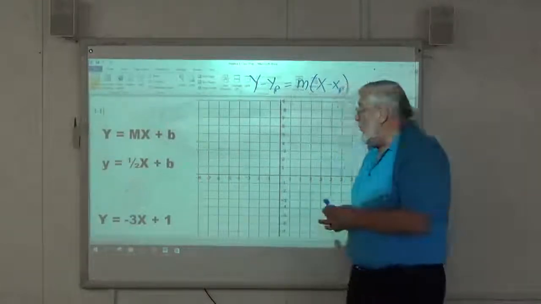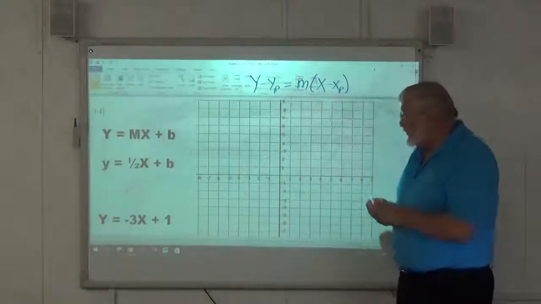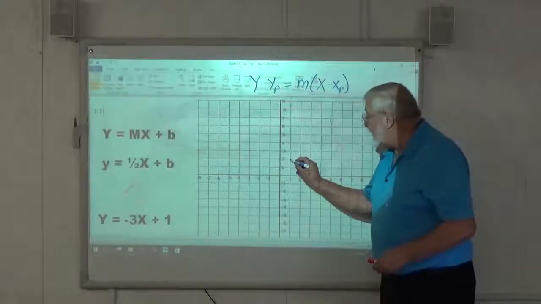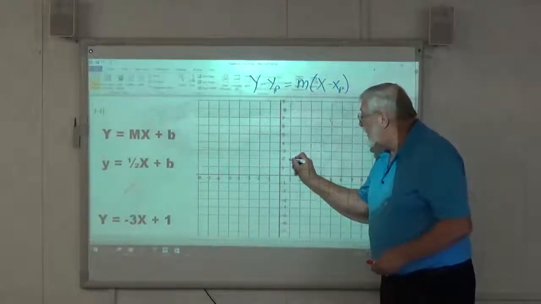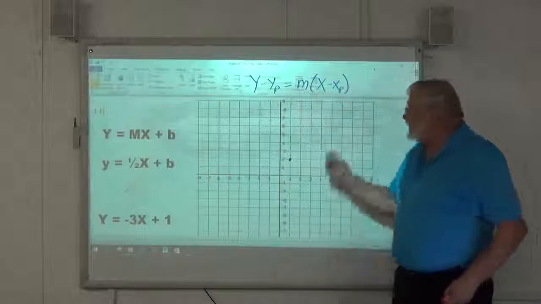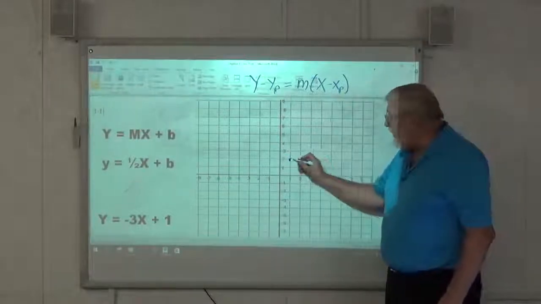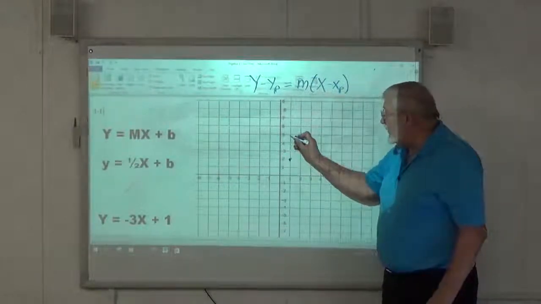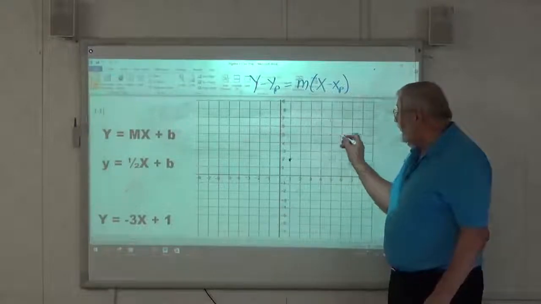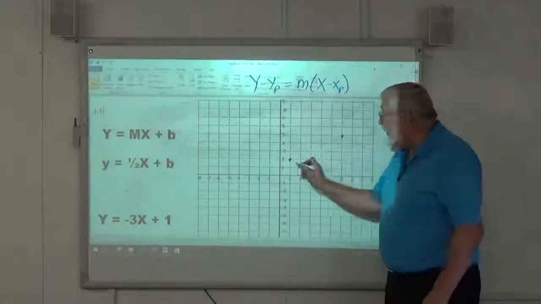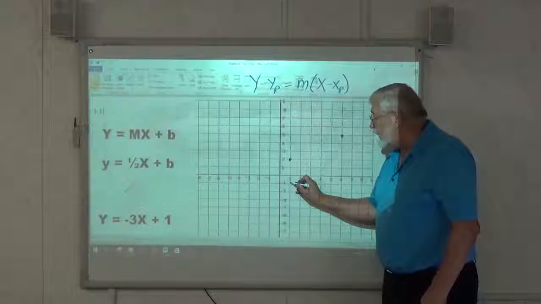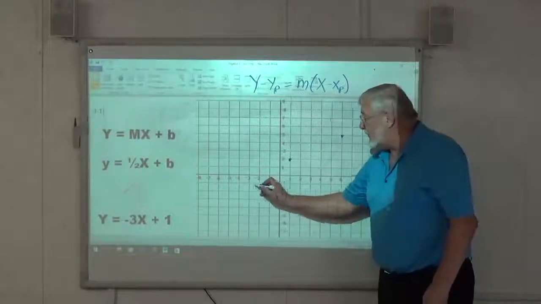All right, where's the point (1, 2)? The point (1, 2) is right here. Now, if the slope is 3 over 5, it's up 3, 1, 2, 3, and over 1, 2, 3, 4, 5. Or it's down 1, 2, 3, and back 1, 2, 3, 4, 5.